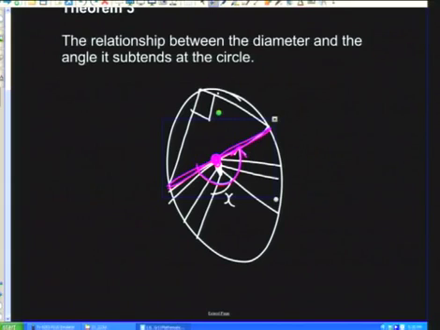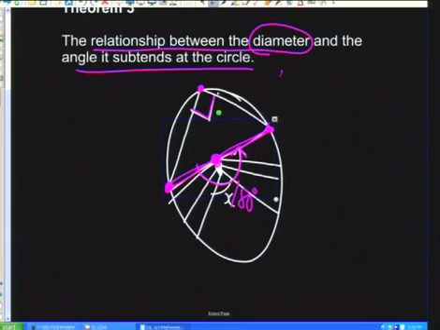It is a special kind of chord, subtending from the diameter. If I then go to the circumference, if that's 180, then my circumference angle must be half of that, which is 90. So there's a special relationship between the diameter and the angle that subtends at the circle. When we talk about at the circle, we mean at the circumference.